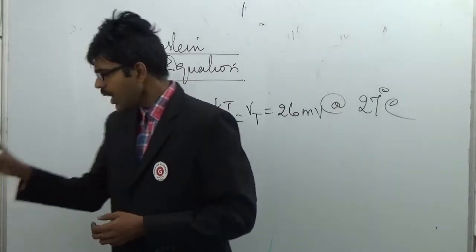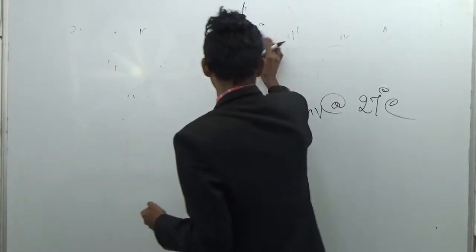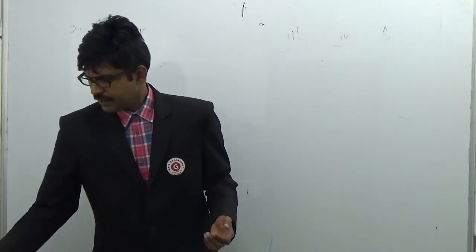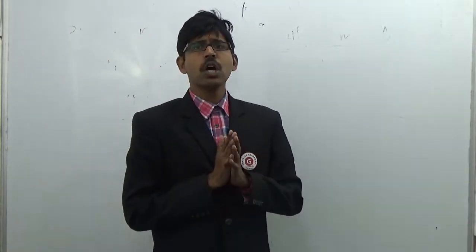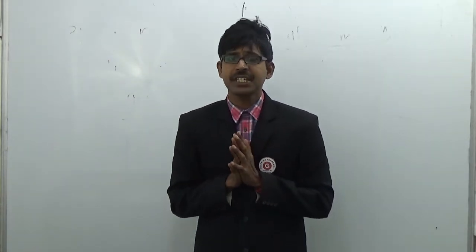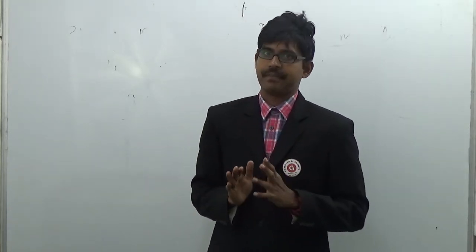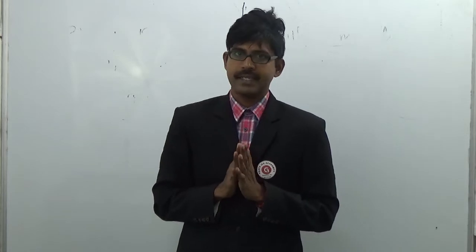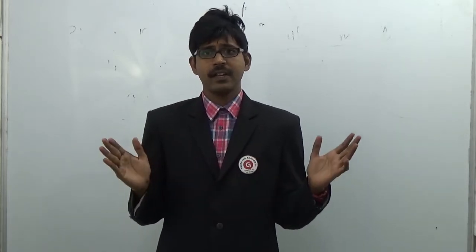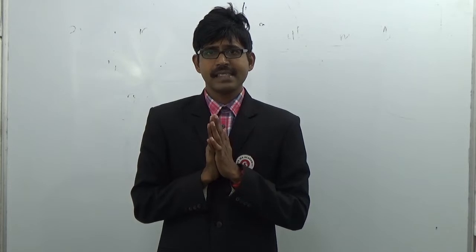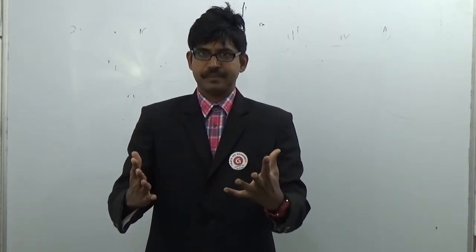Now, coming to the semiconductor physics, now when the electron hole recombination happens, the energy is released. It's a very important thing you need to understand. When an electron and hole recombines, this results in a release of energy.